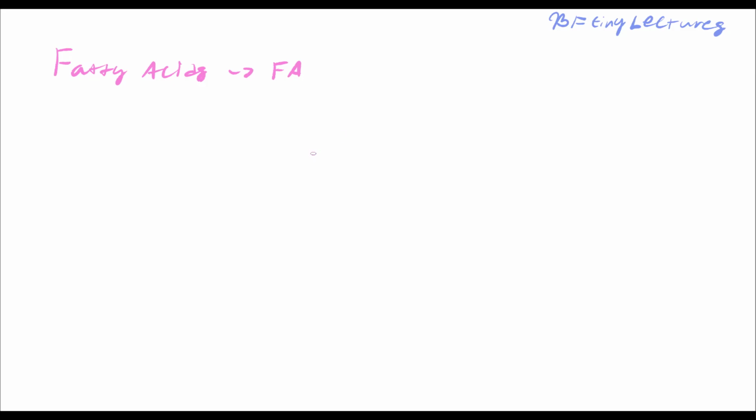So essentially, they have this structure. You have HO, then right here is your carboxylic acid. And then we go 1, 2, 3, 4, 5, 6, 7, 8, and then etc. It just keeps going and going. If you want it to be unsaturated, you just keep making carbon-carbon double bonds.